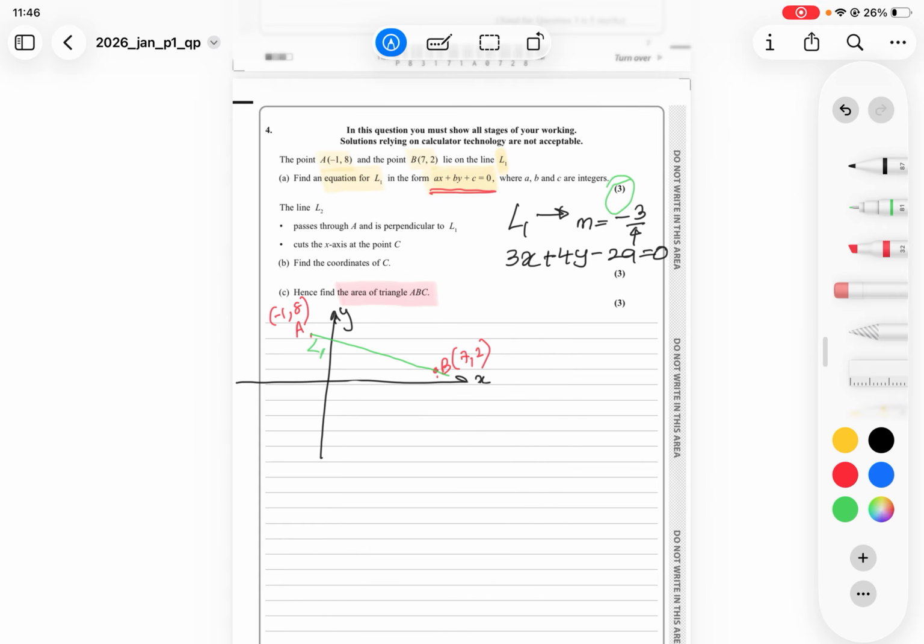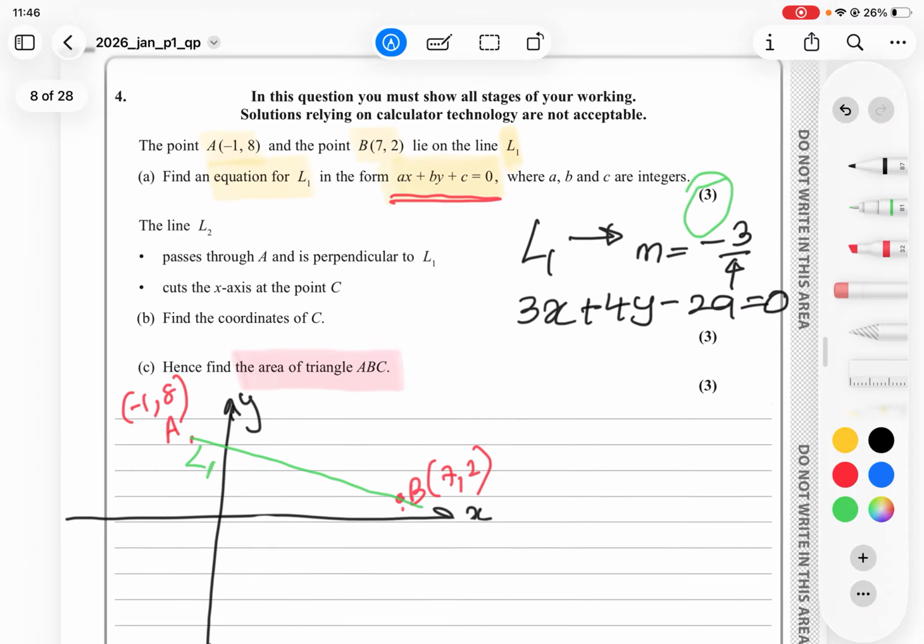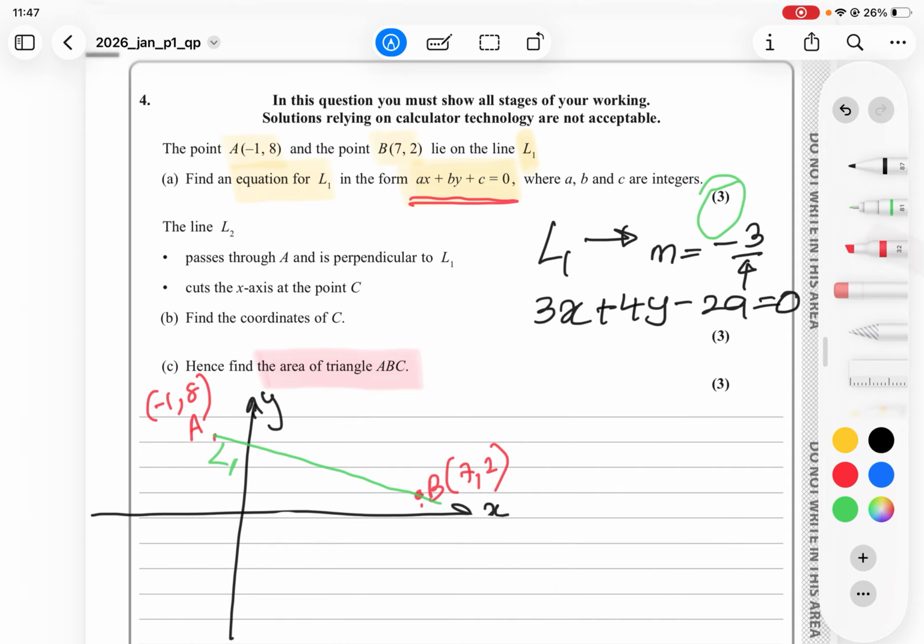Now let's go to the next part. Now they're talking about L2. In the line L2, what we can see is that it is passing through the point A and it is perpendicular to L1. So this is the most important point.